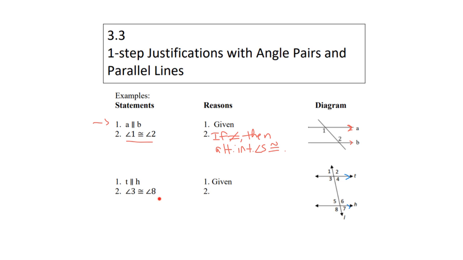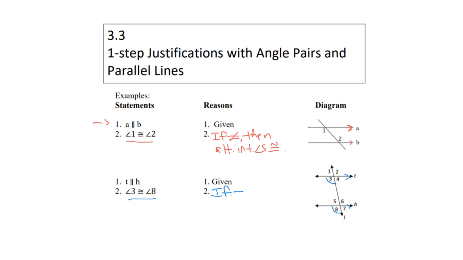Let's look at what we have written right here, though. This says angle 3 is congruent to angle 8. So that's also a true conclusion because there's 3 and there's 8. And we know if two parallel lines are crossed by a transversal, then these angles are congruent. What kind of angles are they? Well, hopefully you are thinking corresponding.